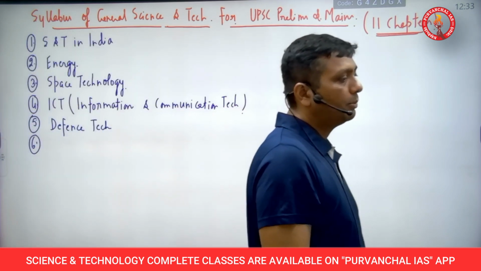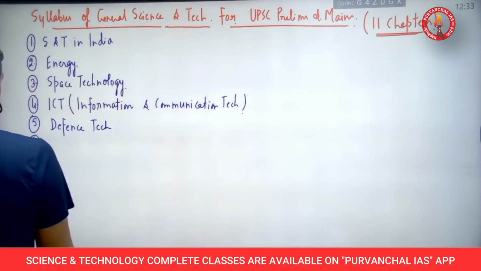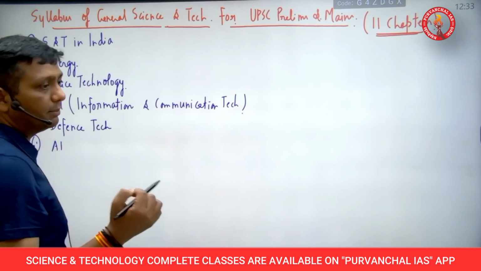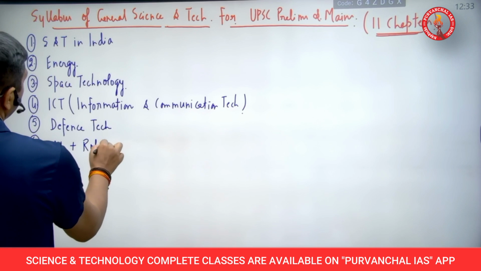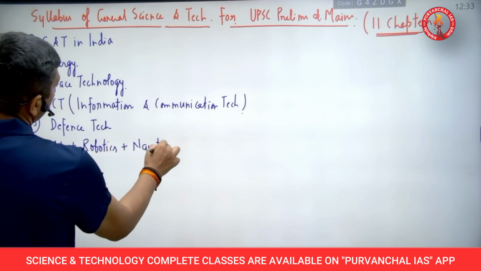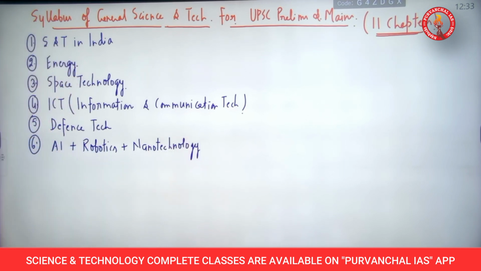Fifth one, you should write about defense technology. Sixth one, you should write about artificial intelligence. In short, we call it AI, artificial intelligence plus robotics. And one more you just note down, that is nanotechnology. So AI plus robotics plus nanotechnology.